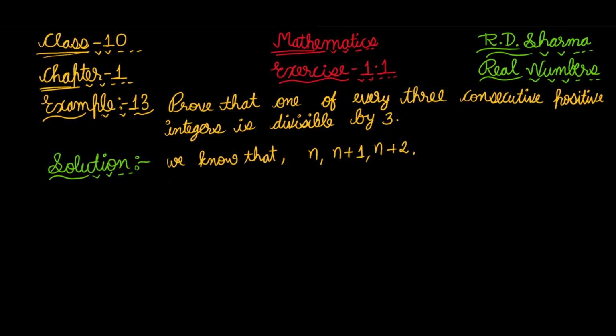So n is of the form 3q, 3q plus 1, or 3q plus 2, as the remainder will be less than 3. So there will be cases.